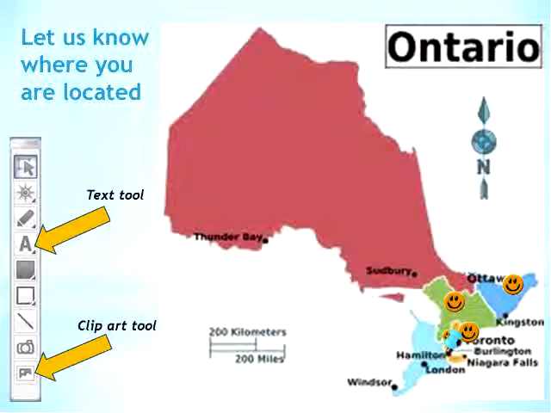Very good. And if you're feeling really adventurous, you can grab the text tool and drop that on the screen too and type in the name of the city or town you're in.